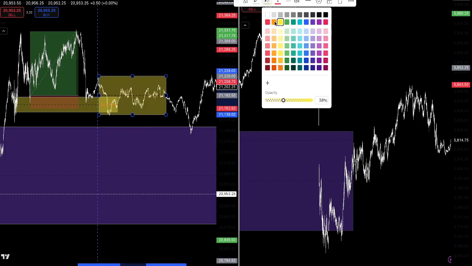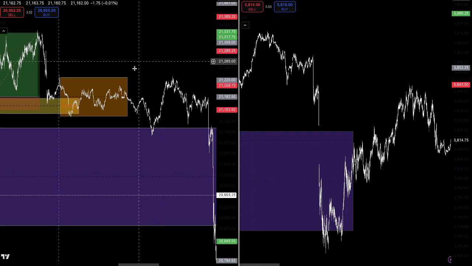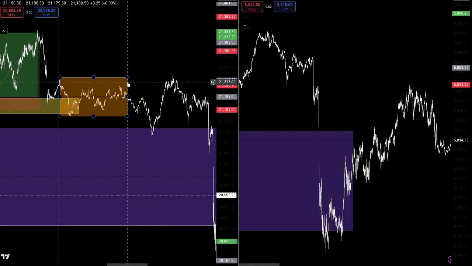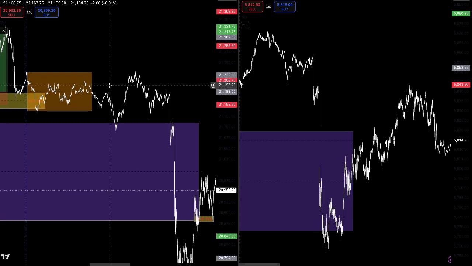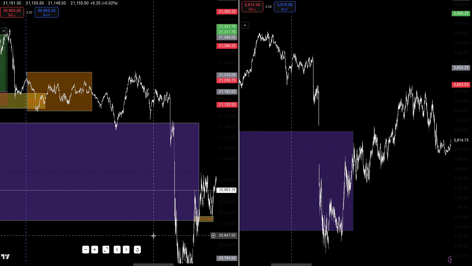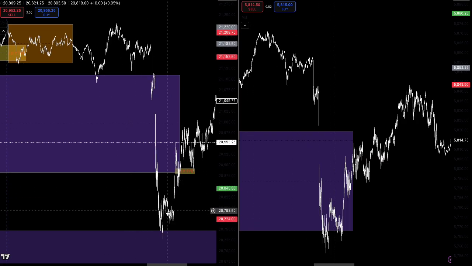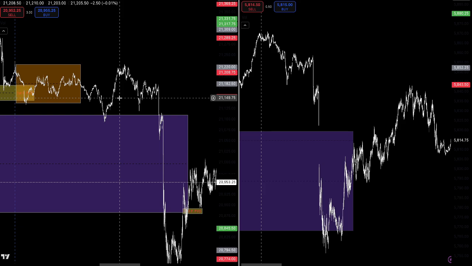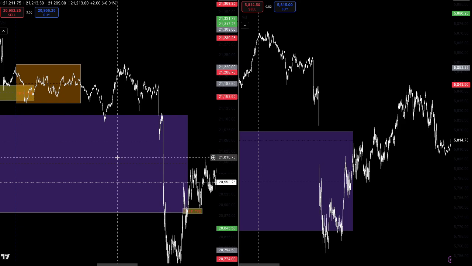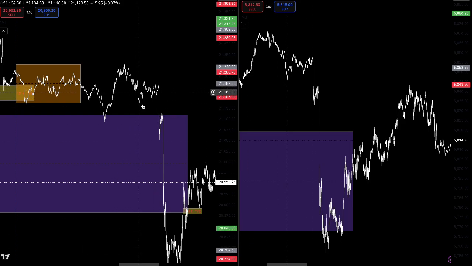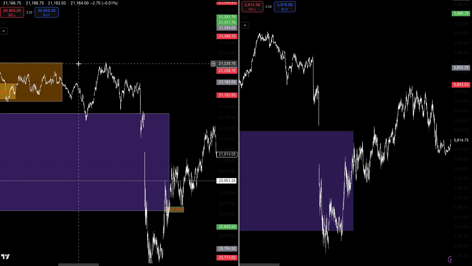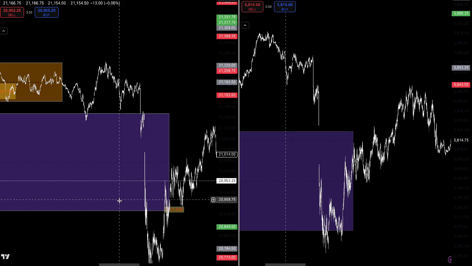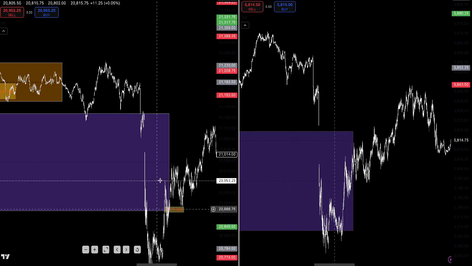I like to see if we have expansion to one side, and how many standard deviations it's moving. In this instance, it moved like 4 standard deviations. I'm expecting even all the more opportunity for price to go up. Being that it expanded all the way down, it created equal highs up here. So if it took out the Asian lows, I'm expecting price to go to the Asian highs.